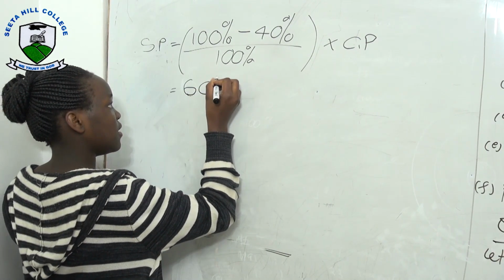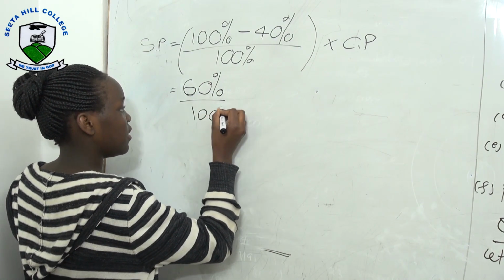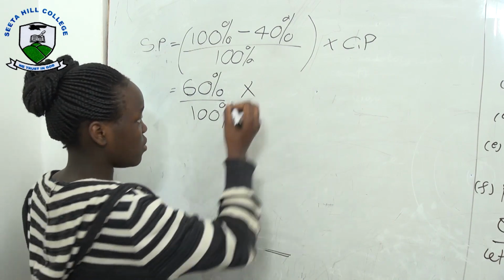So 60% out of 100% times the cost price, which is 15,000 shillings.